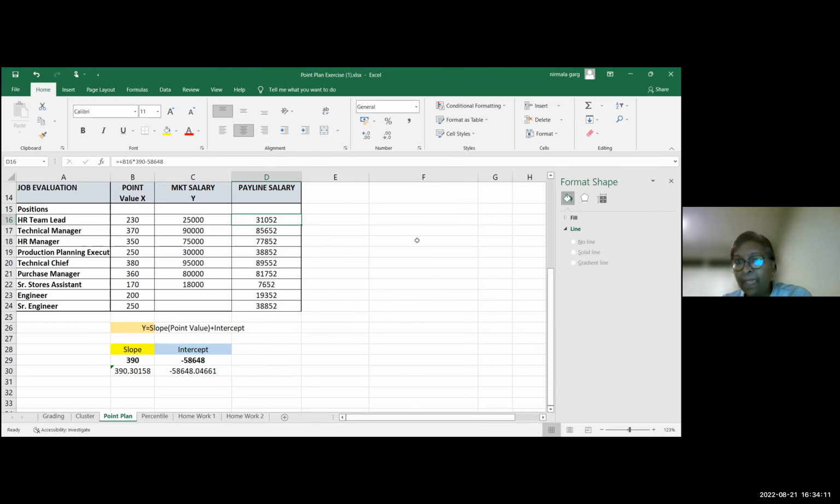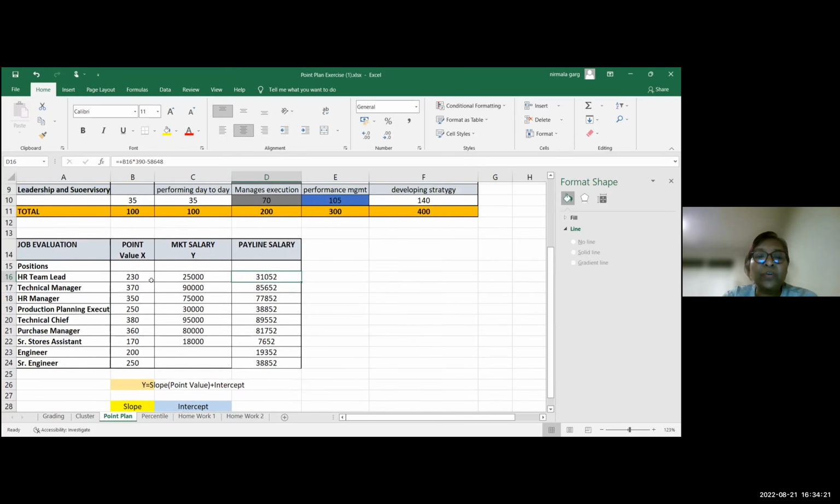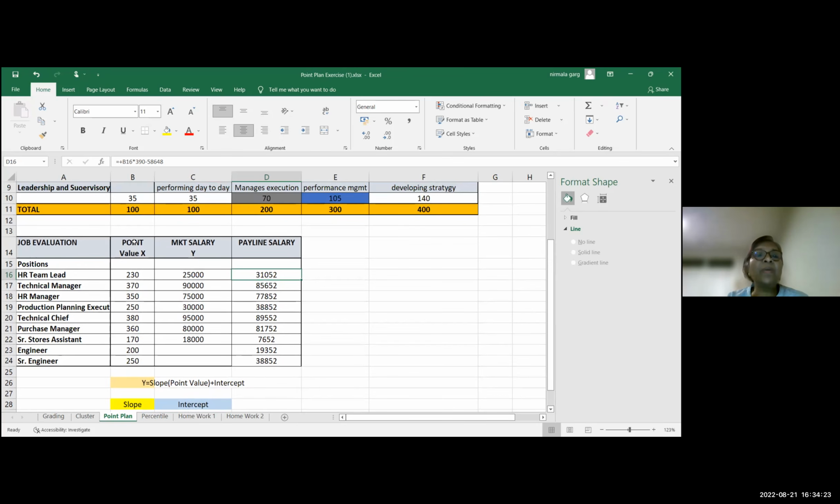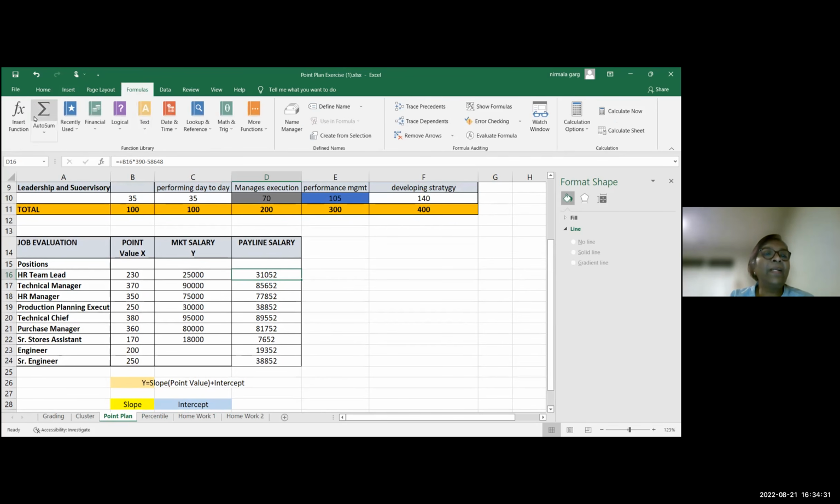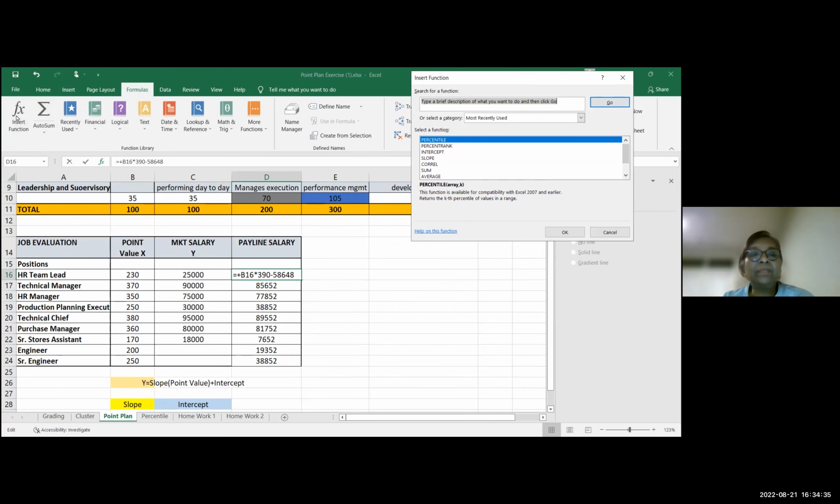Now, this is your market data and this is your point value. How will you calculate your slope value? Just go to formula, insert function.